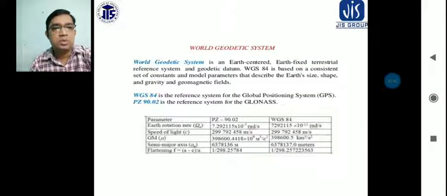GM (mu), the semi-major axis, and the flattening F will be considered according to these figures.